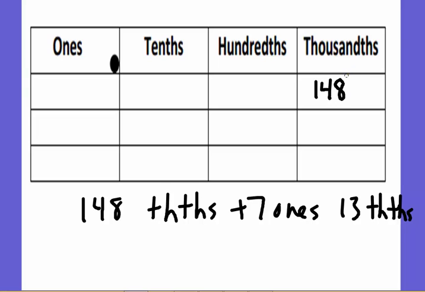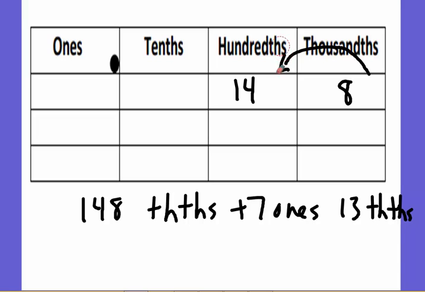I need to figure out how many groups of 10 I have. Well, this number I can rewrite as 140 plus 8. There's 14 groups in that 140. So I can bring that group of 10s over. And then I'm left with just 8 thousandths.